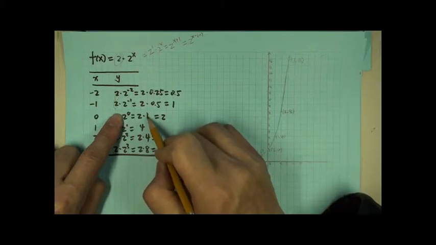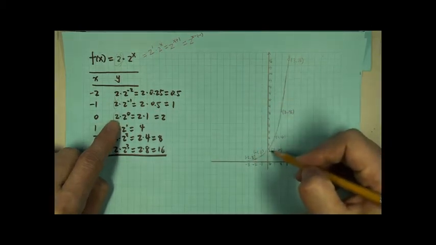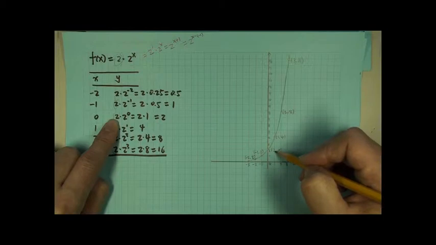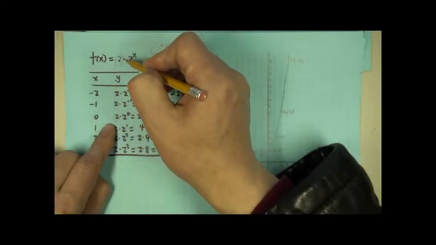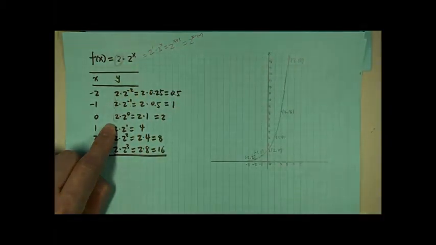Now 1 times anything is that thing. So here we have a 2, so the intercept will no longer be 1, it's 2. So this constant in front of the original one is very important. It basically is the y-intercept. That's an important remark. You've got to remember that.